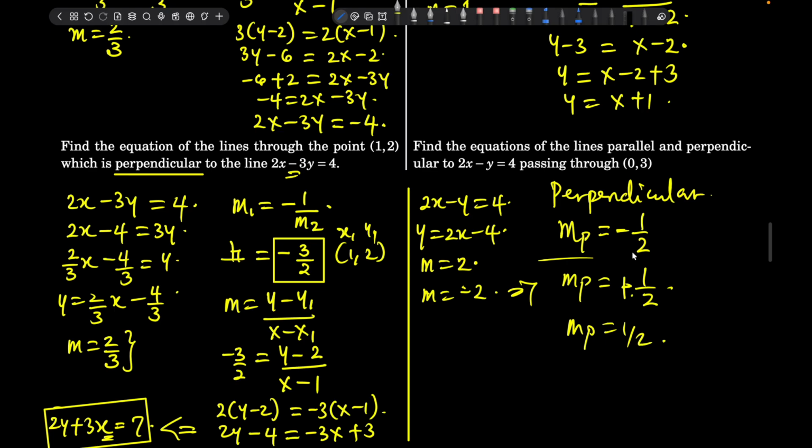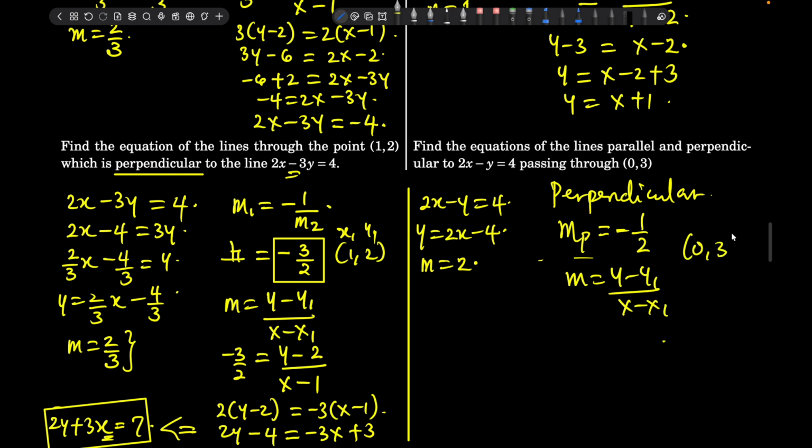Alright, so let me quickly solve the problem because of time. Right, so m equals y minus y1 over x minus x1, through 0,3.